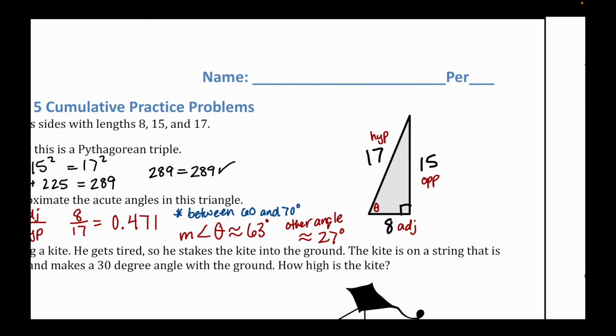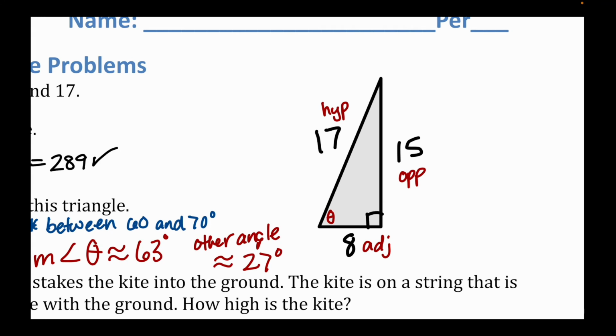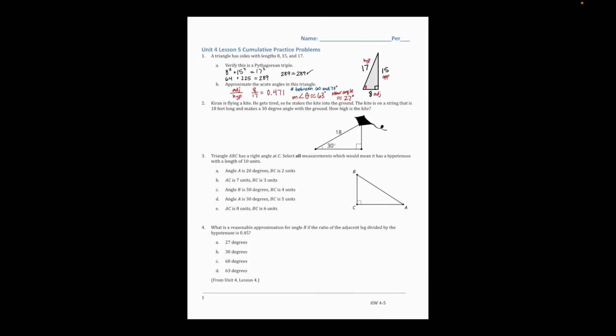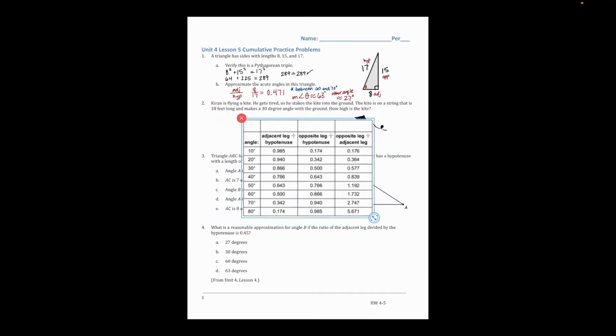We can actually take our other angle, though, and look at what that would have for adjacent over hypotenuse. If we used our other position, this would now become our adjacent, and this is our hypotenuse. So if we did 15 divided by 17 and then cross-referenced with our tables, let me get that table back.